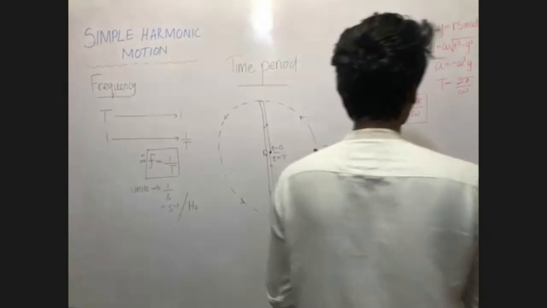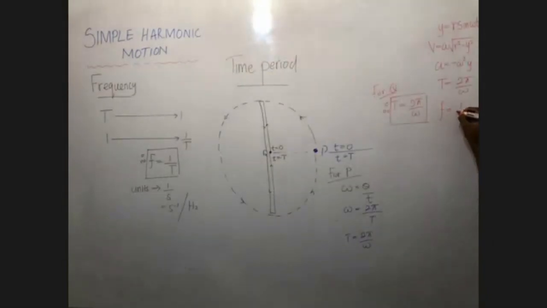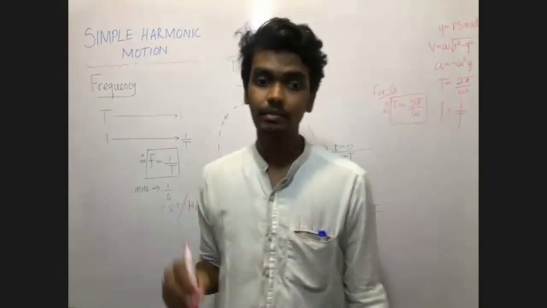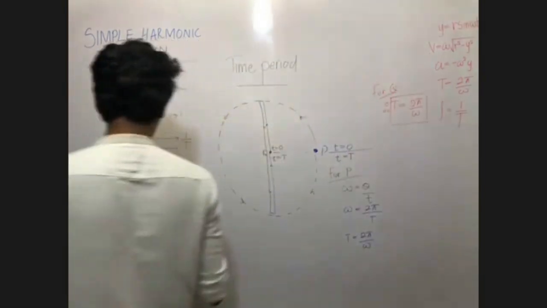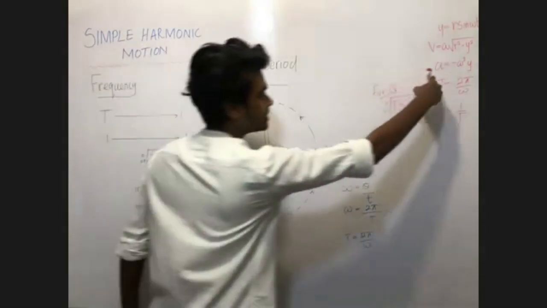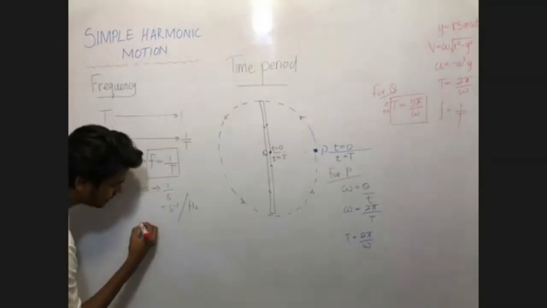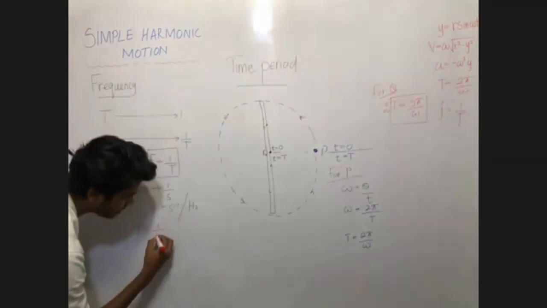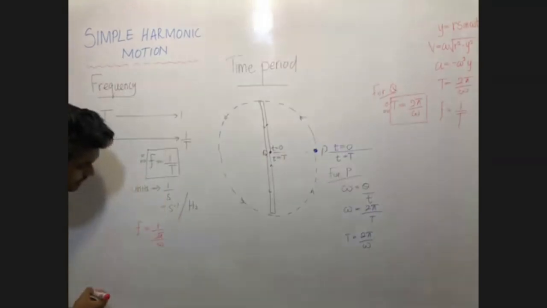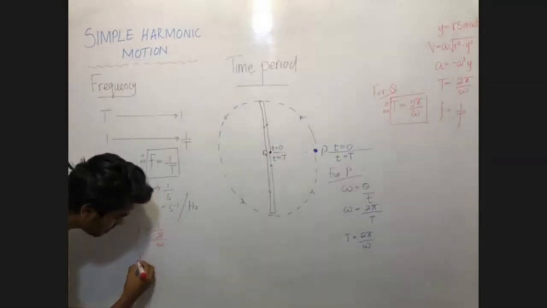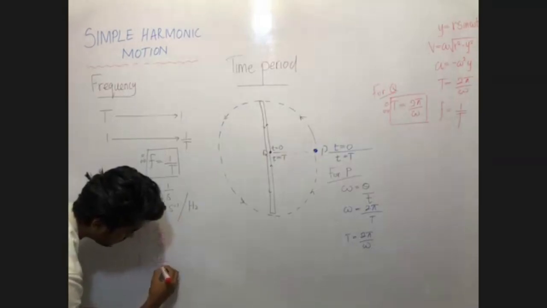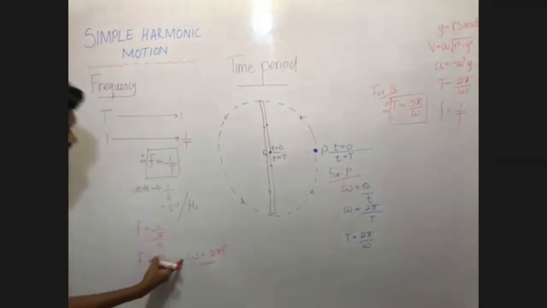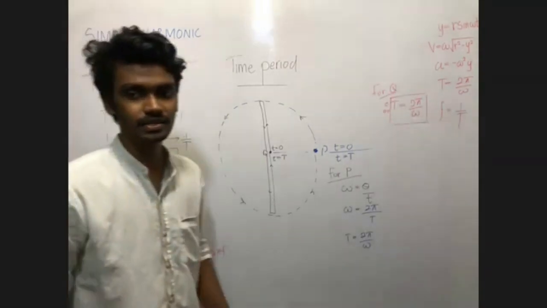Therefore, frequency is 1 over capital T. We also know T is 2 pi over omega. So F is 1 over T, which is omega over 2 pi, which means omega is equal to 2 pi F. A derived equation.